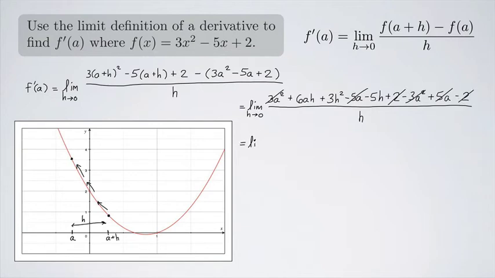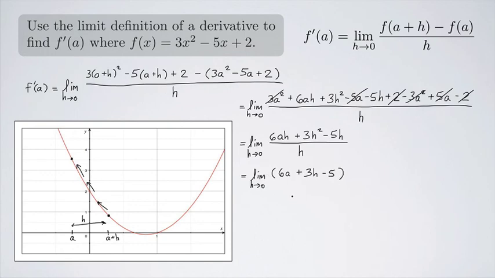So we have the limit as h approaches 0 of, so I have a 6ah left over, I have a 3h squared left over, I have a minus 5h left over, and I think that's it on top, and then I still have h on the bottom, and now I have an h in each term that I can cancel out with the h on the bottom. So if I do that, I'm left with the limit as h approaches 0 of 6a plus 3h minus 5.